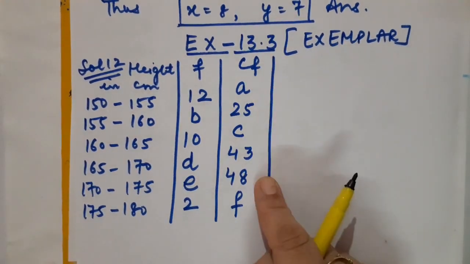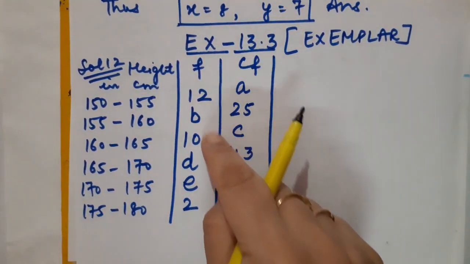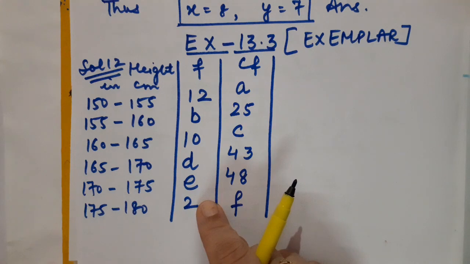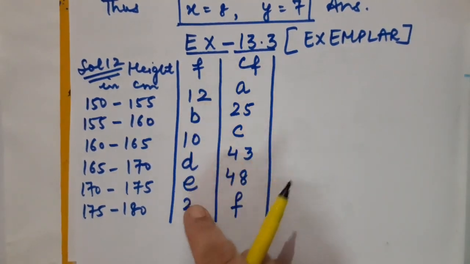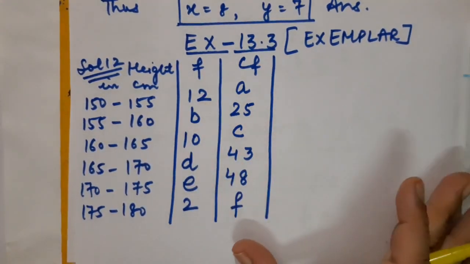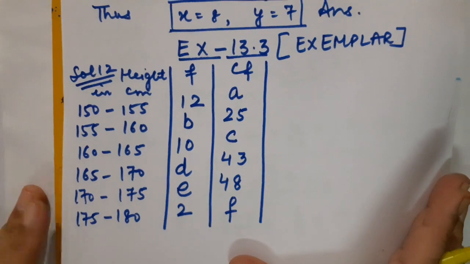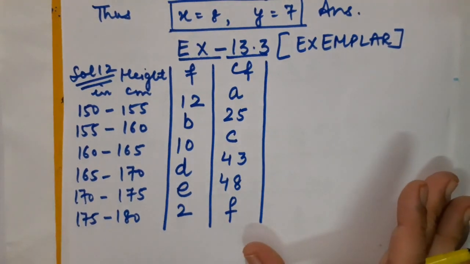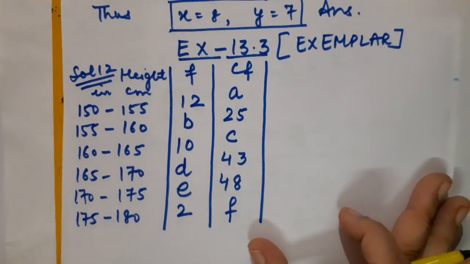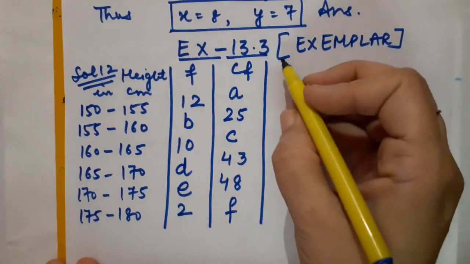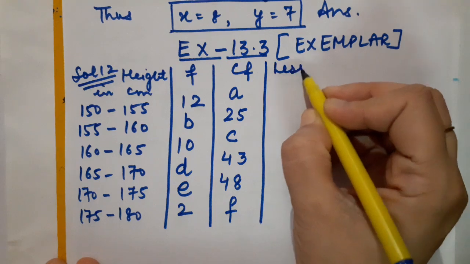Correct? Cumulative frequency, you know, is nothing but the consecutive sum of the frequencies given to us. Okay. So as per the question, these are the consecutive sums of these frequencies. But we know that we cannot calculate the median unless we have a less than frequency distribution table in our hand. Correct? So let us make it less than type.